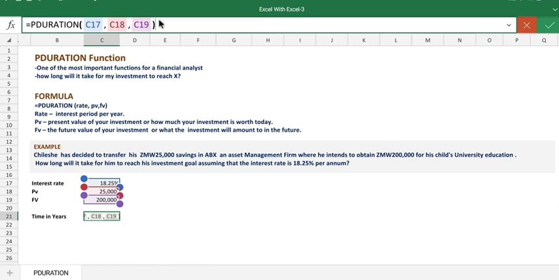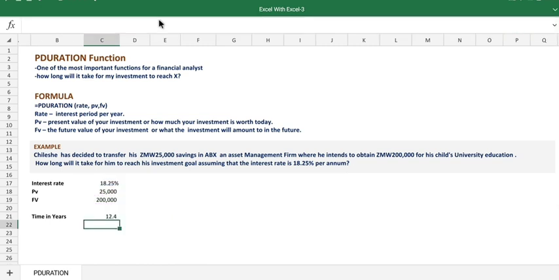Once we do that, we press enter. Then what we're finding is it will take 12.5 years for the 25,000 kwacha to grow to 200,000 kwacha.